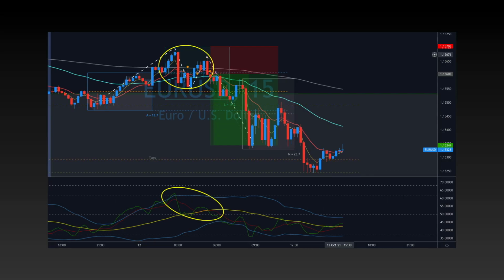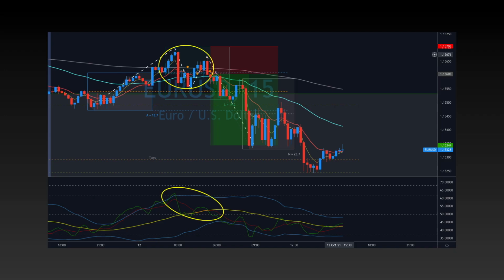Here's another one. Same thing. Notice how on the first and second leg on the price action, you're bouncing off. What are you bouncing off of? You're bouncing off the 200 EMA, right? For a type 2 setup.